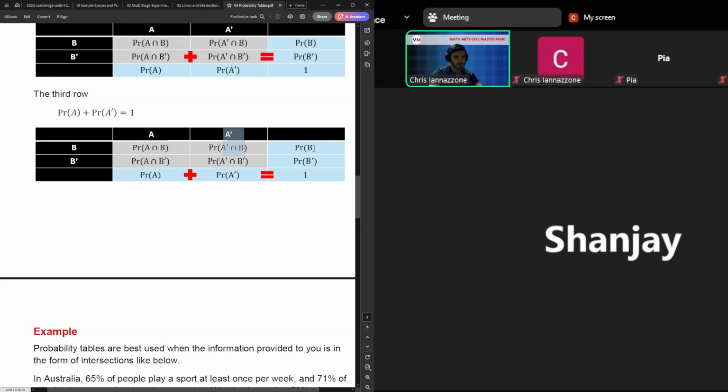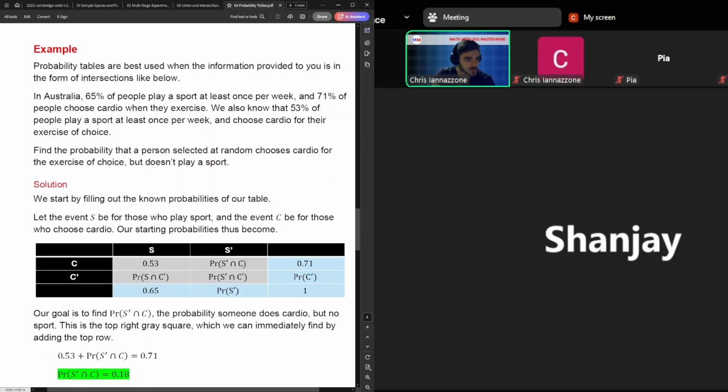Here's A dash, so this would be like not movies, maybe, and this would be beach. Intersection of those. Rinse, repeat. That's going to be everything in the middle. On the outside is just the probability of any of those events occurring. So at the end is the probability of this, at the end of this is the probability of that, and they all need to add up to 1 because all outcomes in a given scenario need to add up to 1.